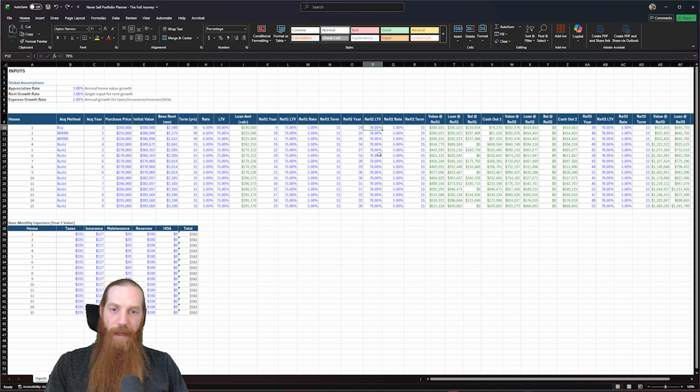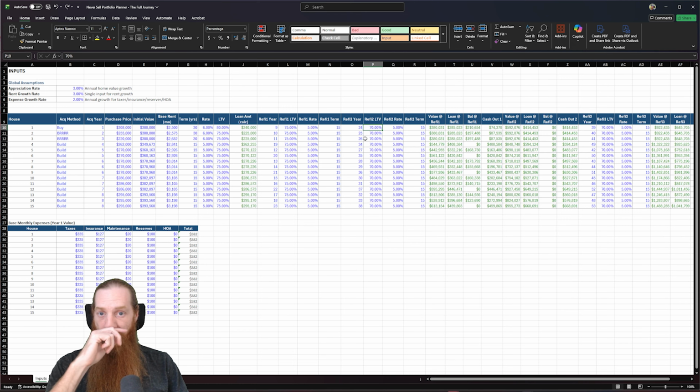Now, obviously that means if it's in the acquisition phase, you have to put more money down. But these refinances here, because this is our second refinance, and even after the first one, these are refinances on paid off homes. So you can really refi at whatever amount you want. You're just pulling all that cash out of the home.